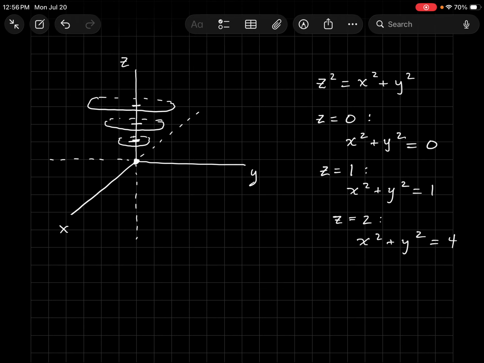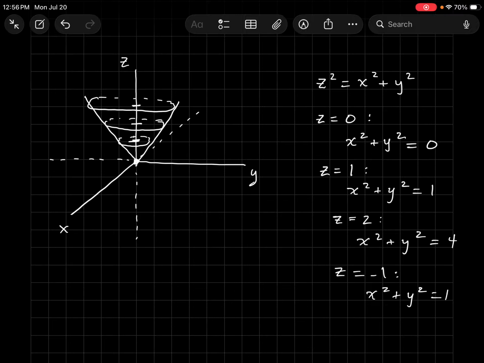And then if I connect these circles on the outside like this, we see that we get a cone. Similarly, if we were to do z equals negative 1, we would get x squared plus y squared equals positive 1.